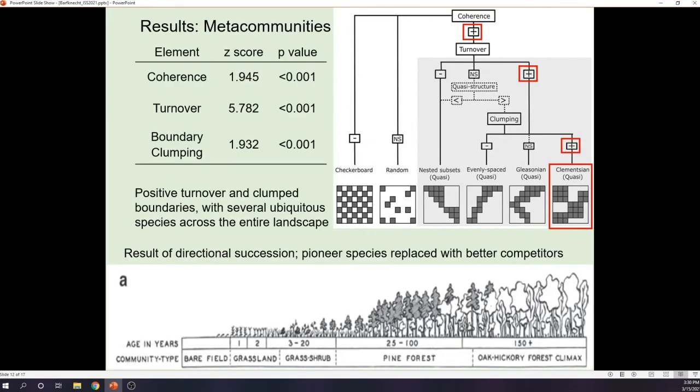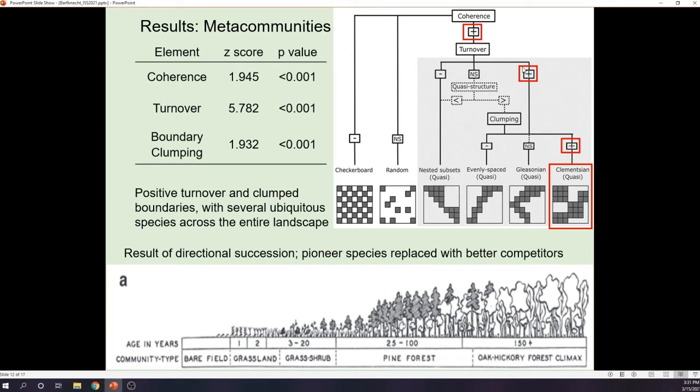Moving on to the Leibold and Mikkelson framework-based elements. All 3 of them had highly significant values that showed that the coherence itself at least pointed towards it having some kind of a significant metapopulation structure that was different from a checkerboard or a random assembly based on the species and sites matrix.